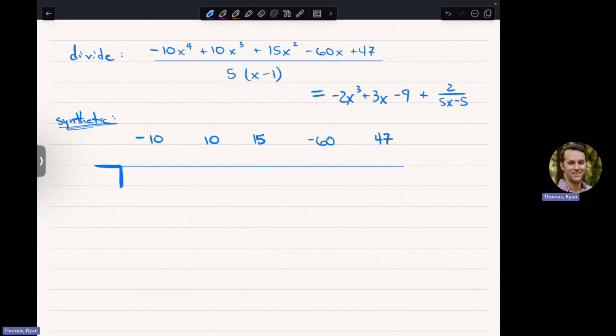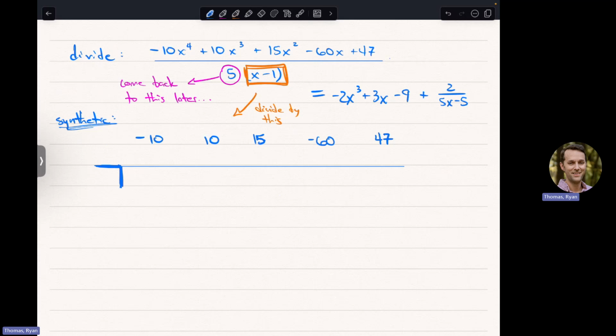So I can factor that 5 out. The way I'm going to do this then is to do the division by x minus 1 and then come back to this later.